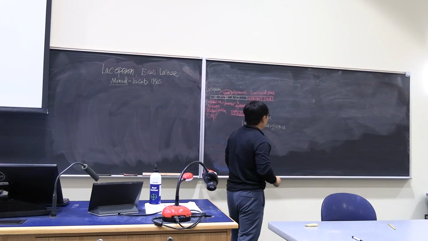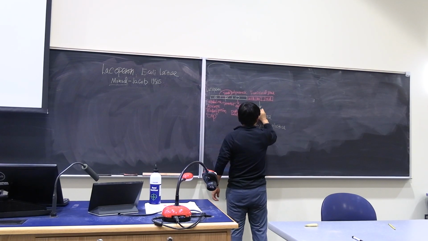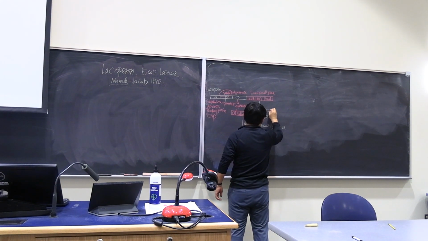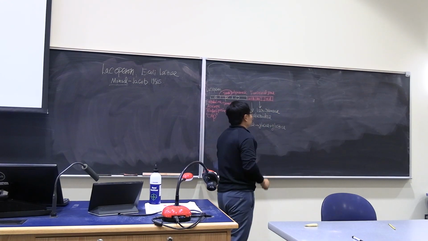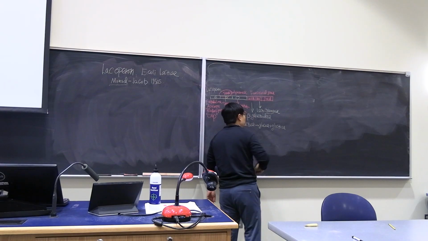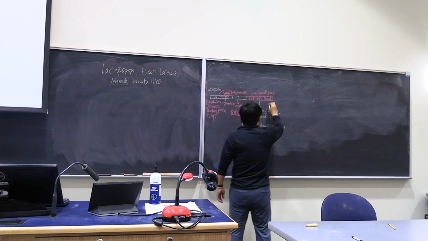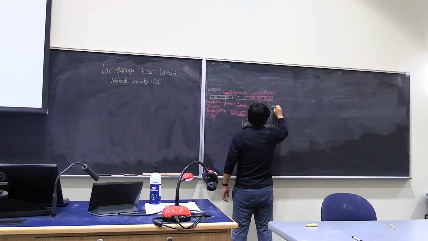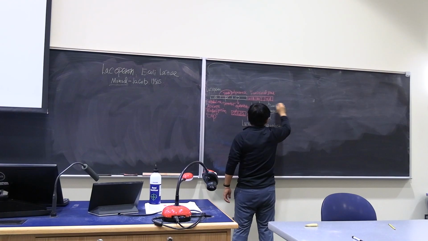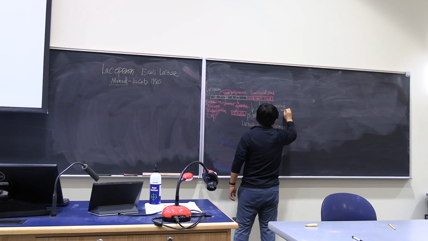What is lac Y? This is lactose permease. What is permease? Permit. They let you come in. What is lac A? This is a transacylase, but the function is unknown.